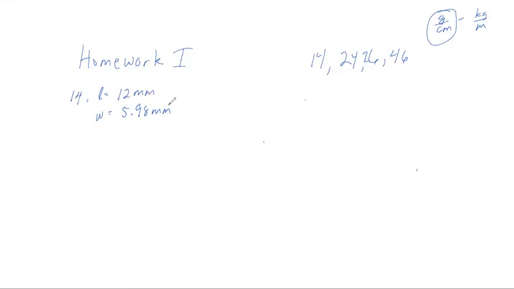All right. Area. A equals length times width. So this is going to be 12 millimeters times 5.98 millimeters. And that's going to give me 72 millimeters squared.